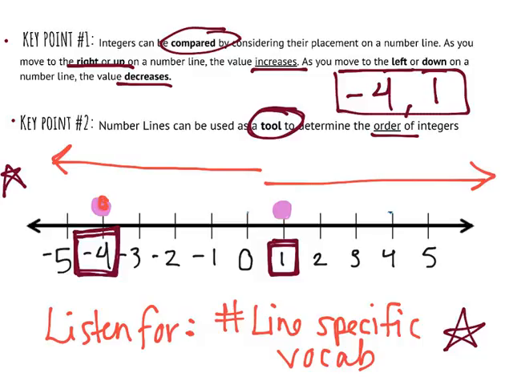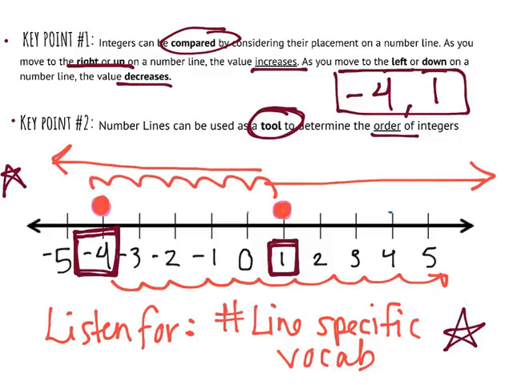Therefore, what I plotted on the left side of my number line is always going to be smaller than anything to the right. So any integer to the right of -4 is larger than -4. Any integer plotted to the left of 1 is less than the integer 1.